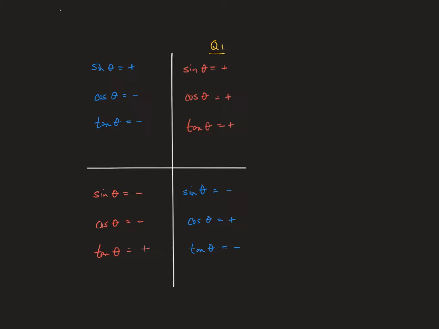And so as you start to rotate around, there happens to be an acronym that some people use to be able to determine in which one of those quadrants your trig ratio is positive. And so if you notice in quadrant 2, my sine ratio is positive.